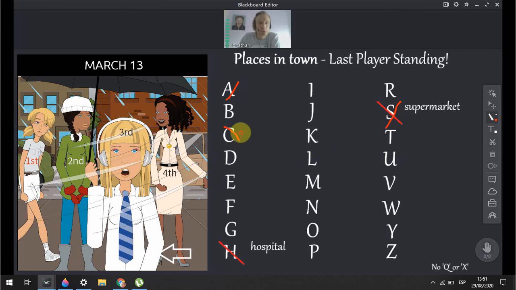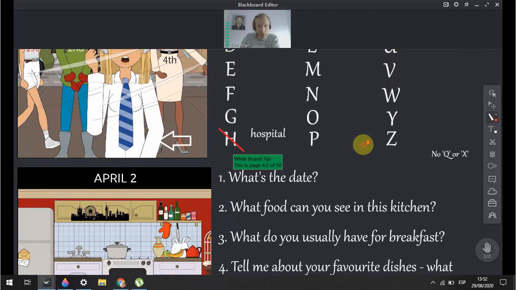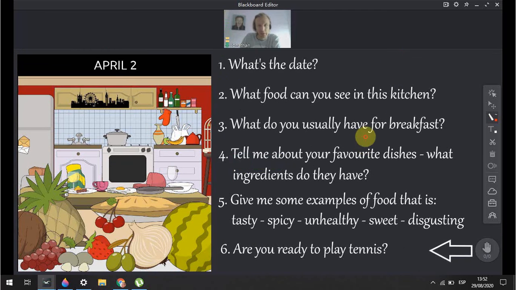So for example, you can go to chemist, you can go, for example, to butchers, and then you can go to bakers, roundabout, street, whatever. Okay, until somebody runs out of time, they can't think of anything, and the other team wins the game. And you can try and keep up writing their answers or not, as you prefer.